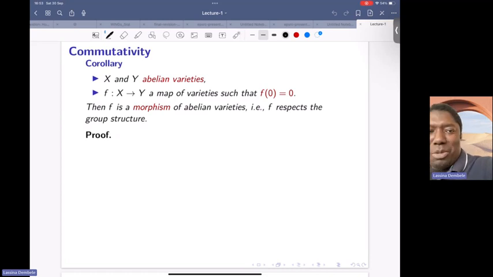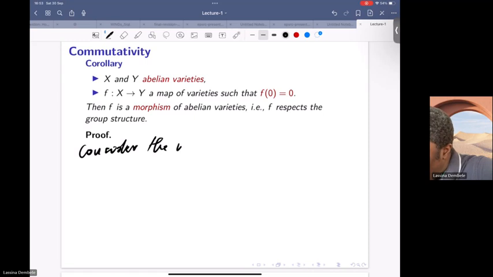So the way you prove this is the following. You consider the following map.